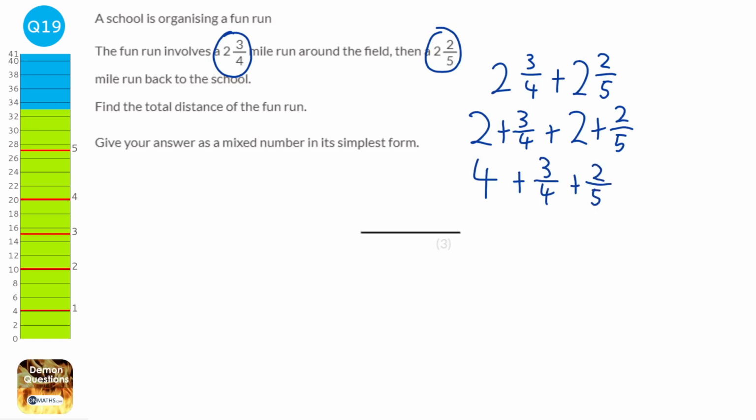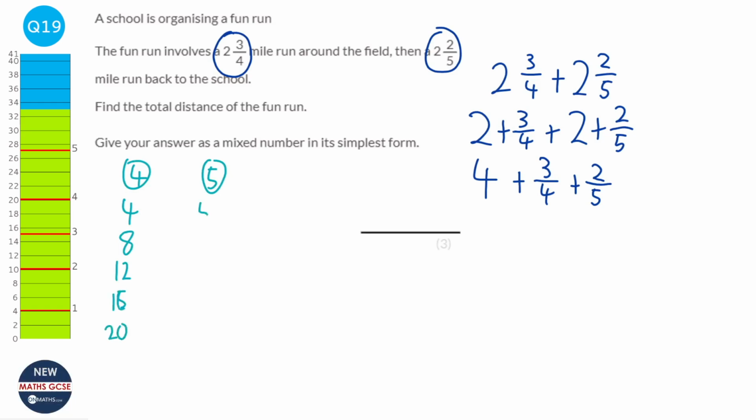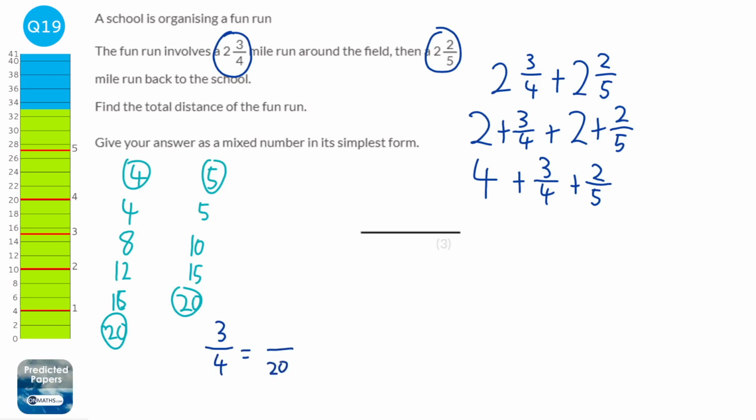So when you add two numbers with different denominators, what we need to do is get the common denominators. And we do that by just quickly writing out the 4 and the 5 times table and seeing what the first number in both their times tables is. 4, 8, 12, 16, 20, and 5, 10, 15, 20. So that's 20. So we need to get the bottoms of the fractions to 20. Now for 3/4, to get the bottom to equal 20, we need to times the 4 by 5.